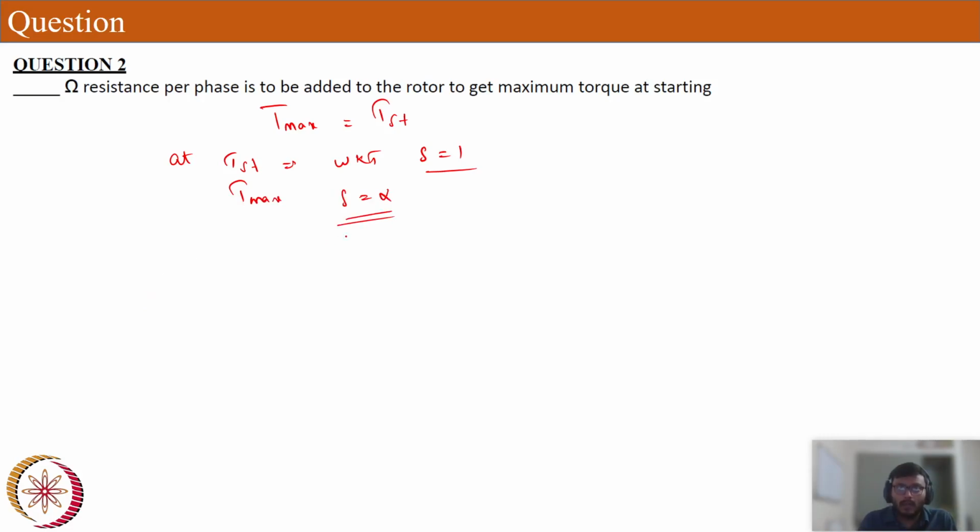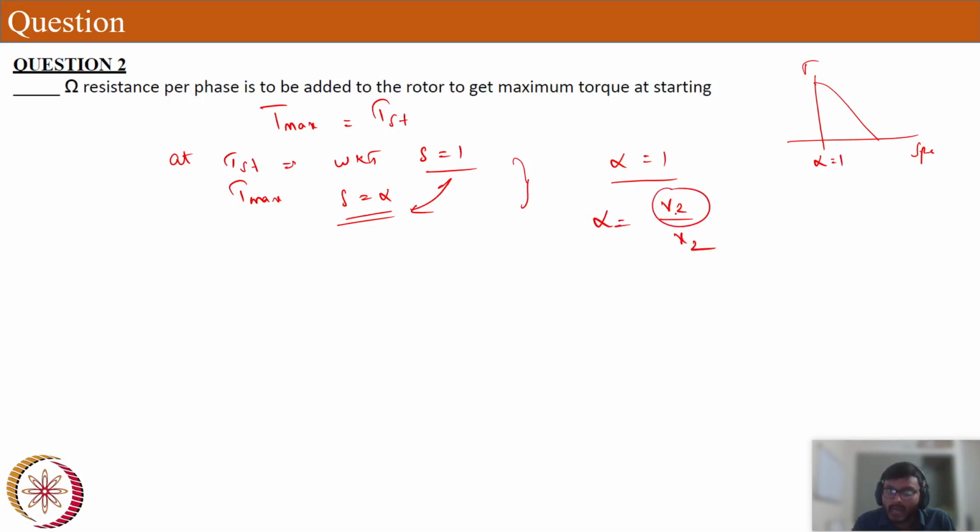Now from these two relations, we know that alpha is equal to 1. This is the curve, this is the torque, and this is the speed, and this is alpha, which is equal to 1. Now the alpha formula we know is R2 by X2, but now R2 is not just rotor resistance.